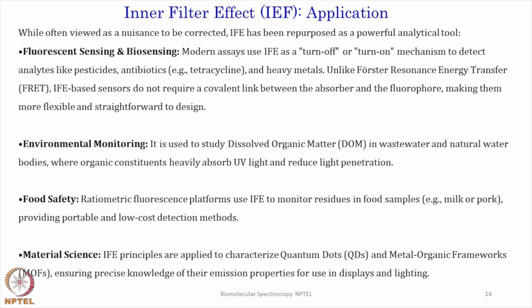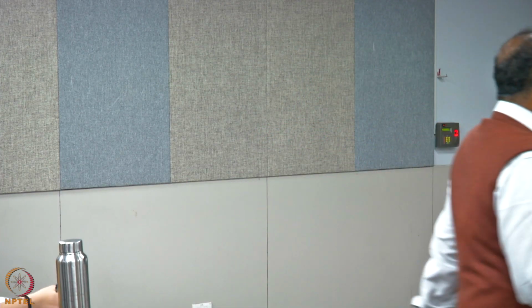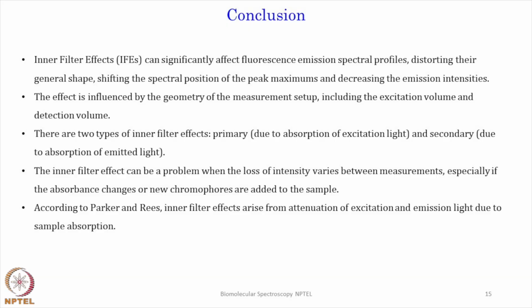So this actually helps in precise knowledge of emission properties, and you can use that in displays, lighting, sensing, delivery and all those. So the inner filter effect is an important concept; although it is problematic, you can use this concept in detection, in sensing and many others.